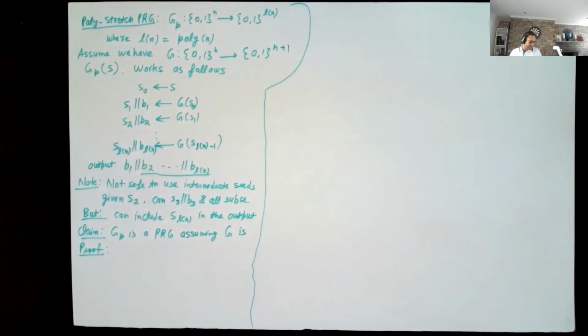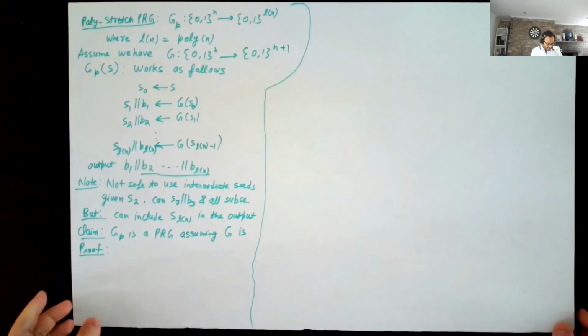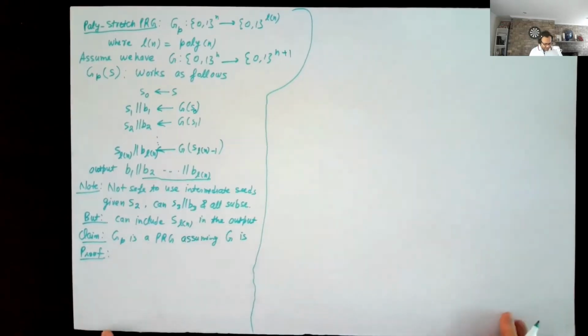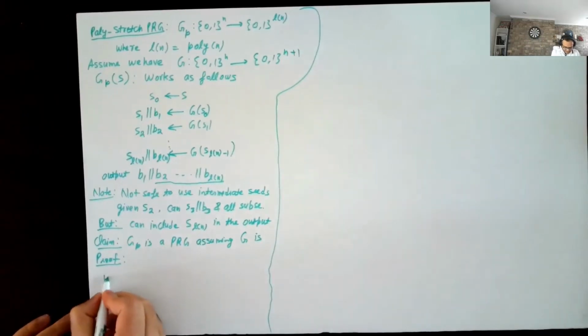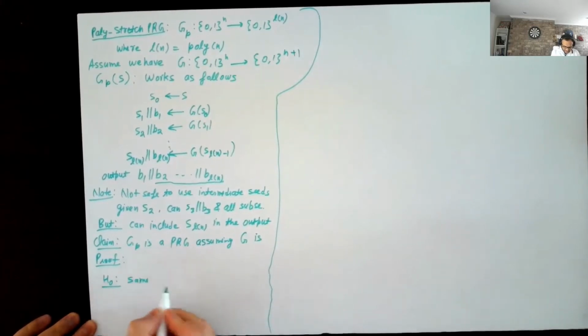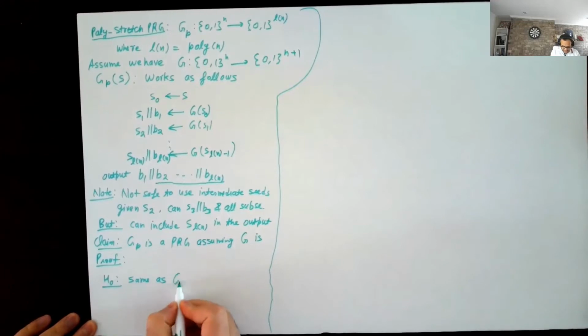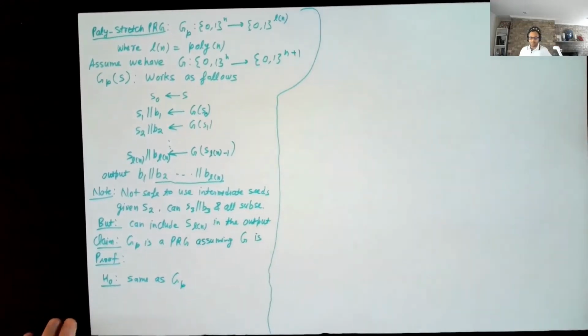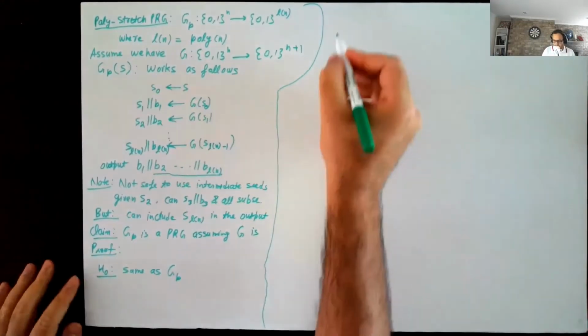That's a strategy not just for this lecture, but essentially for the entire course. So we will define a series of hybrids. H0 is basically the same as our construction, which is GP. Okay, and now let's move on to H1.